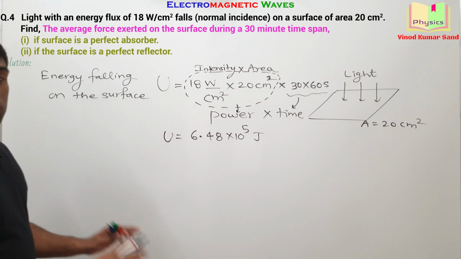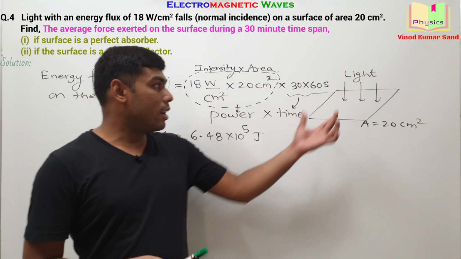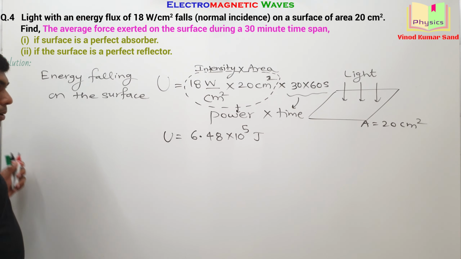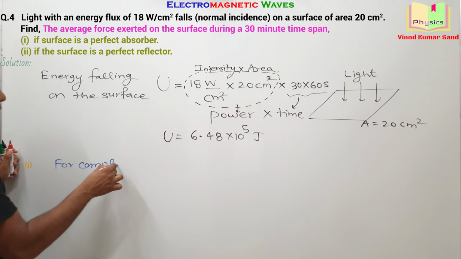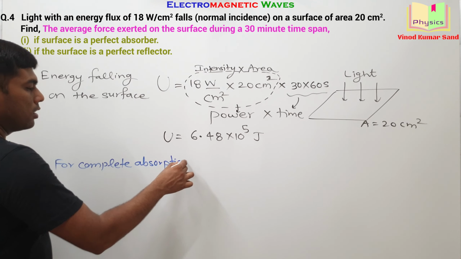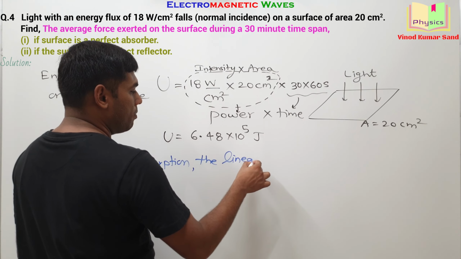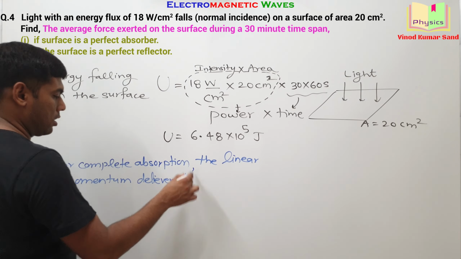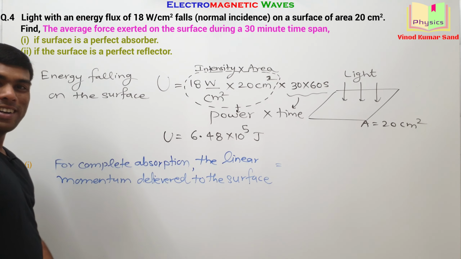After getting U, we can find the momentum delivered to the surface. Here is the case of complete absorption, so I'm writing that data here. For complete absorption, the linear momentum delivered to the surface is equal to, any formula you remember?